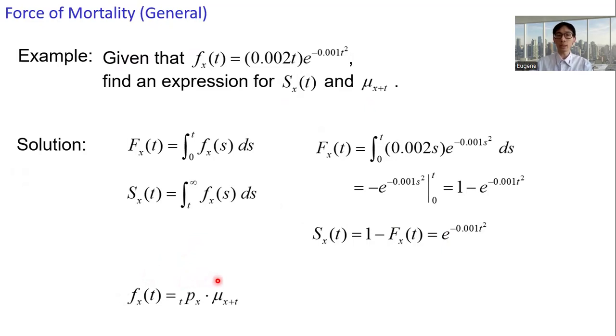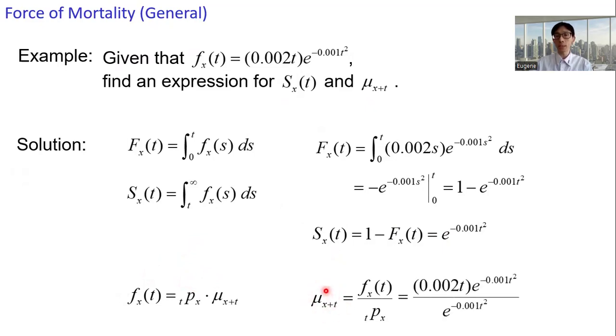And we already obtained tpx. tpx is simply Sx of t. So we can get the force of mortality as fx of t over Sx of t. And we get the force of mortality. The expression for mu x plus t is 0.002t.